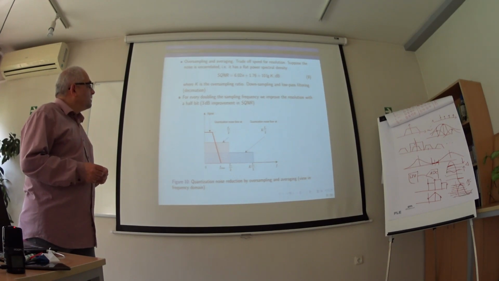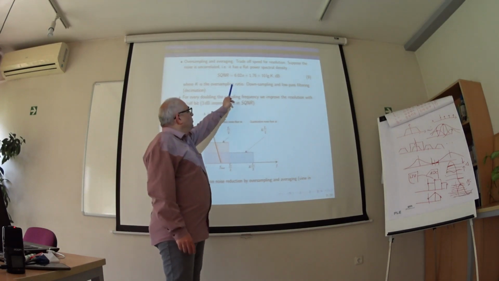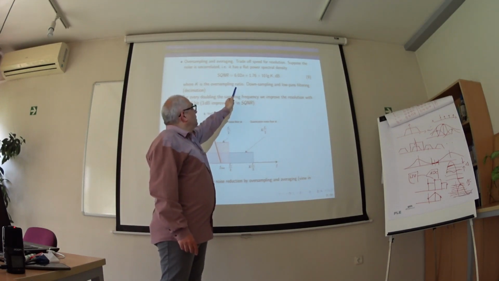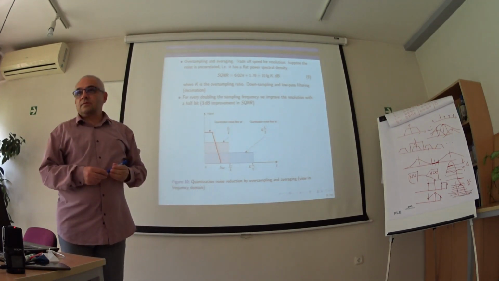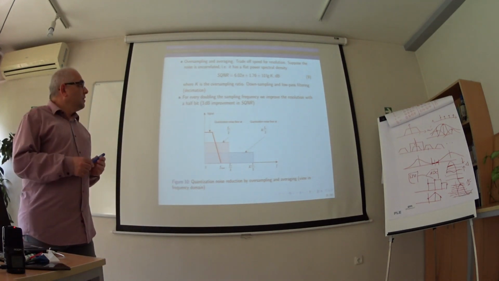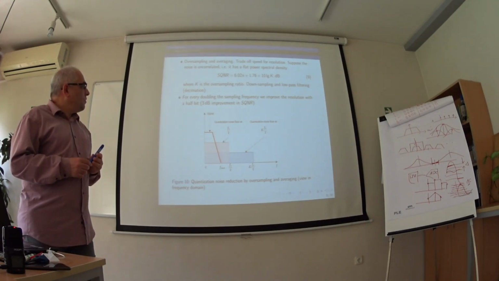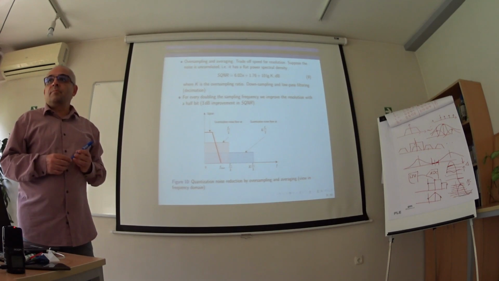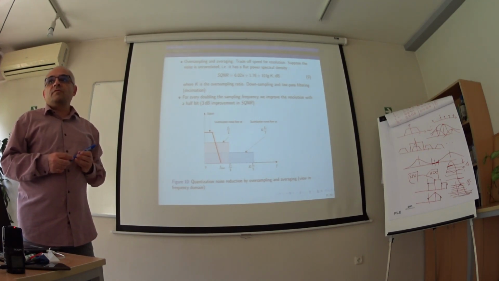How can we increase the resolution with the sampling rate? Our formula is 6.02 times the number of bits plus 1.76. This is our base formula, but now we have an additional improvement. When we double the sampling rate, we effectively get half a bit of resolution more.